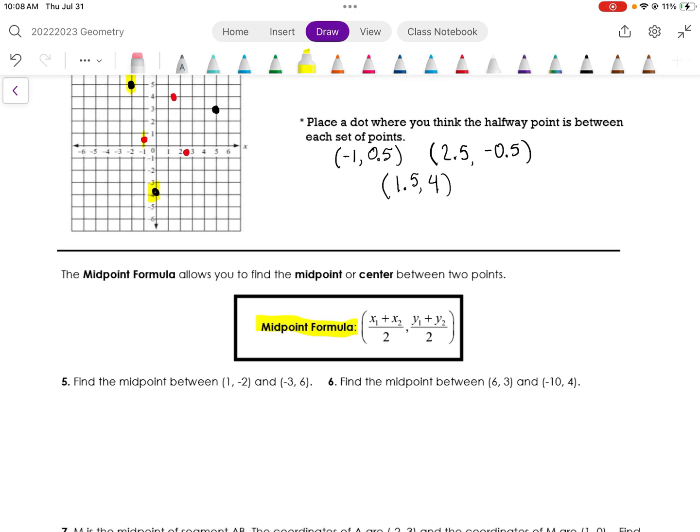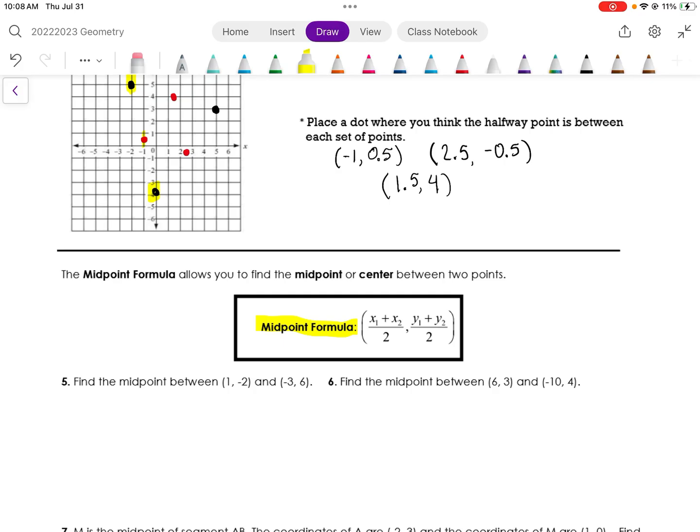Now basically what the midpoint formula is, it's an average. Somewhere along the line in your math career, you probably found a mean. If you find the mean of 2 numbers, you're finding the average or what's in between them. So you add those 2 numbers and then you divide by 2. Or if you have more than 2 numbers, you add the numbers together and then divide by however many numbers you have.